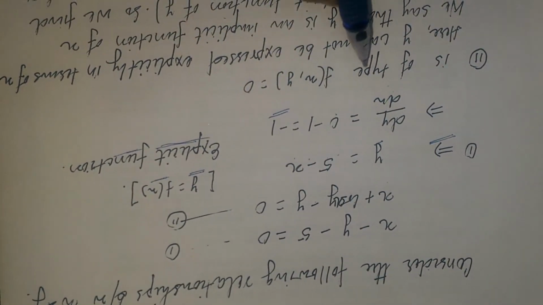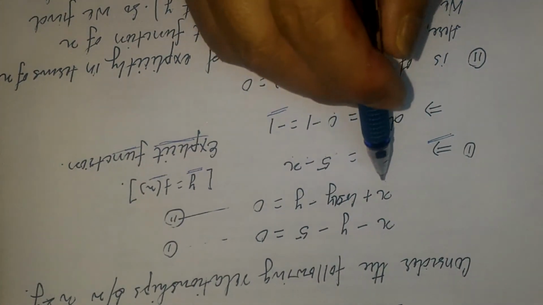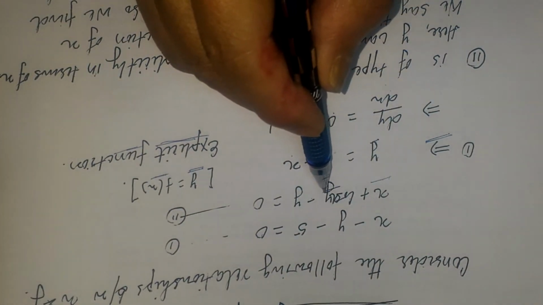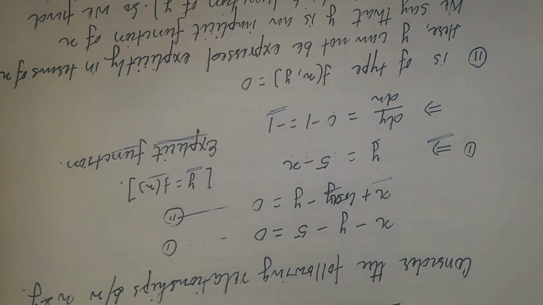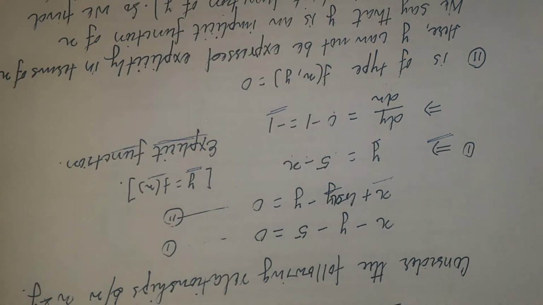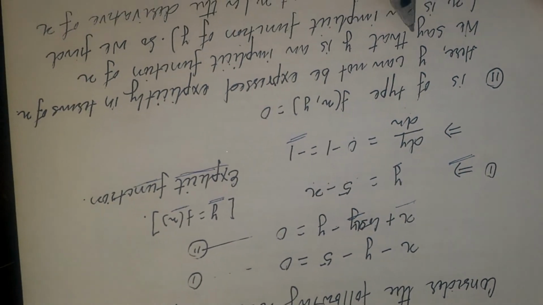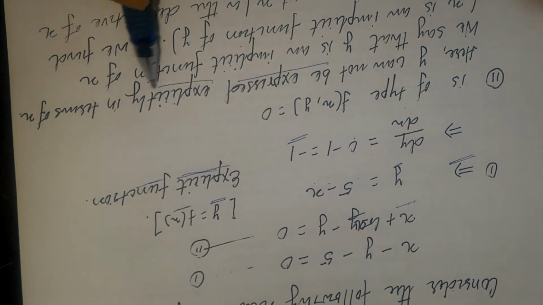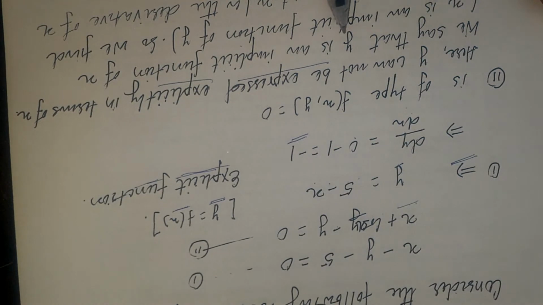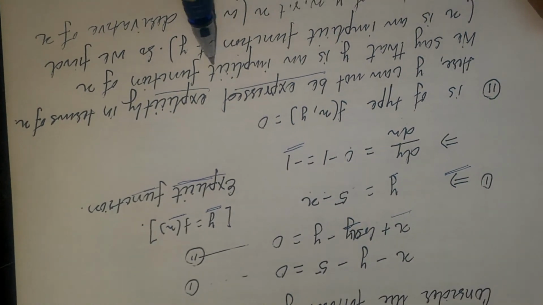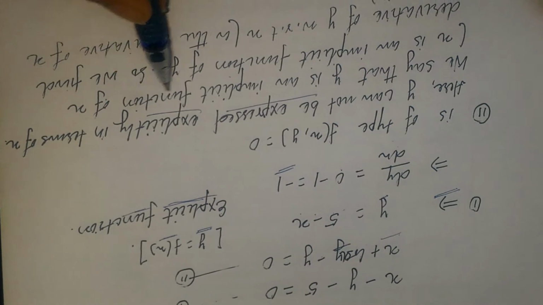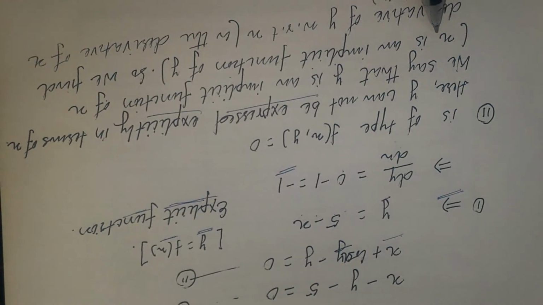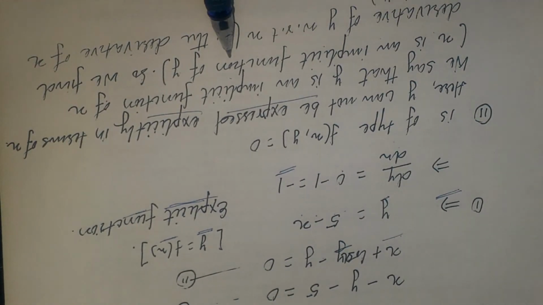Now the second is what we have: x plus cos xy minus y is equal to 0. Here it is not very convenient for us to express y in terms of x. Means it cannot be expressed explicitly in terms of x. So we say that y is an implicit function of x, or also we can say that x is an implicit function of y.